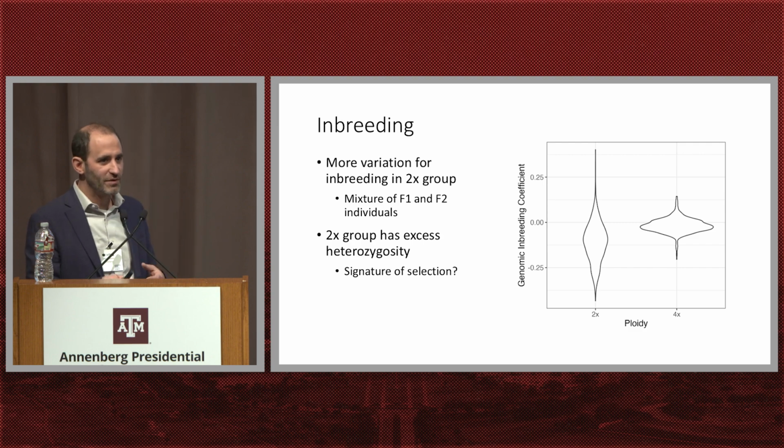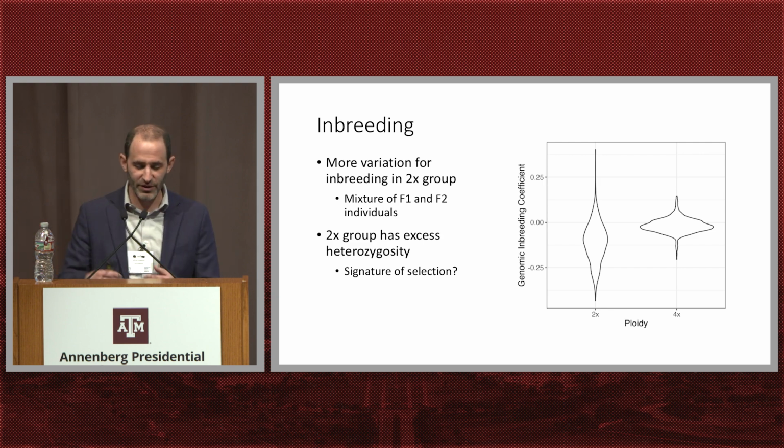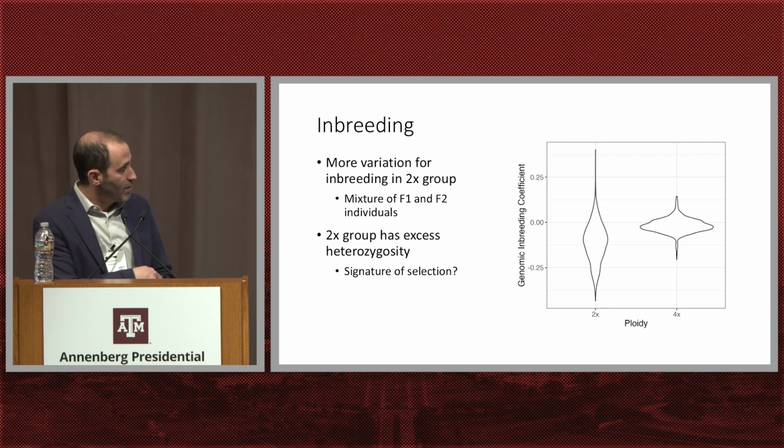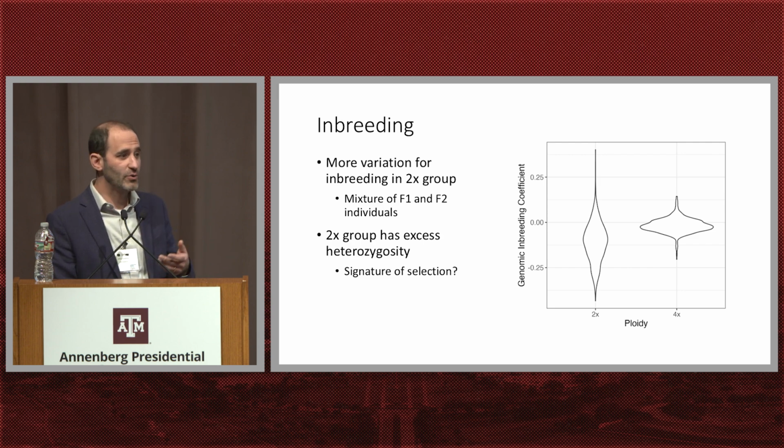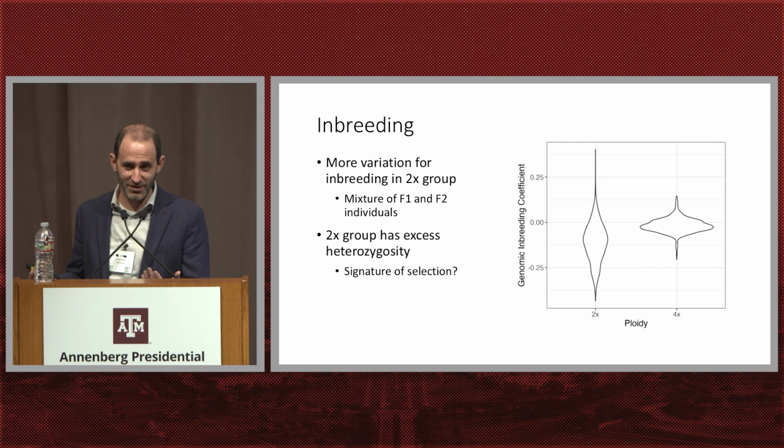In the diploids, you can very easily make change, and then we actually have a mixture of F1 and F2 individuals here. That's why we see this kind of heavy tail of some individuals which have relatively high inbreeding coefficients. But even so, the mode of the distribution is still negative, right? And I talked about how you can have negative values. Negative values means that you actually have more heterozygosity than Hardy-Weinberg equilibrium.